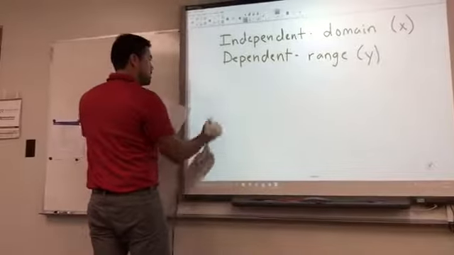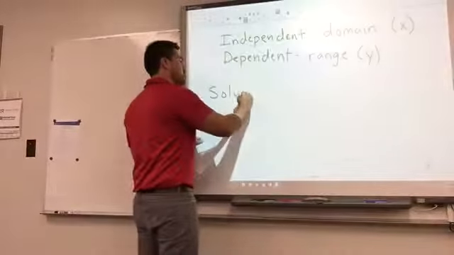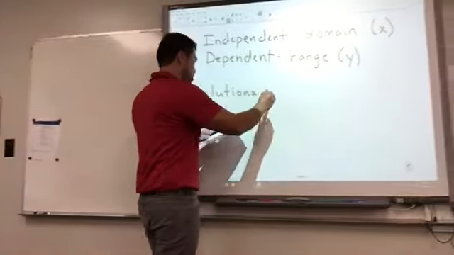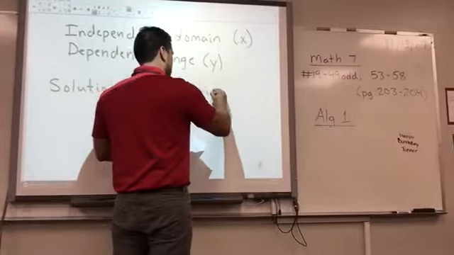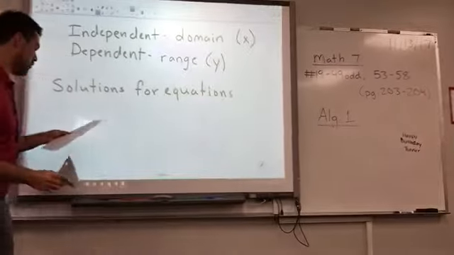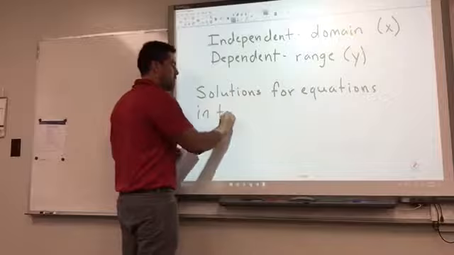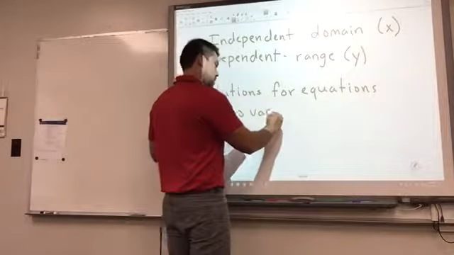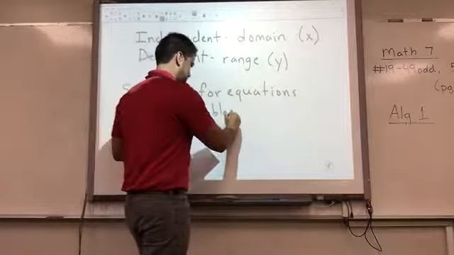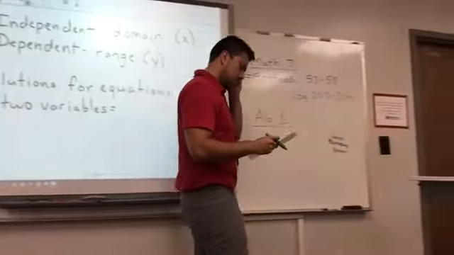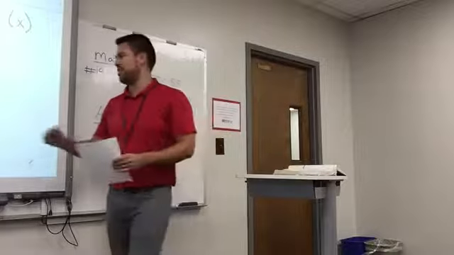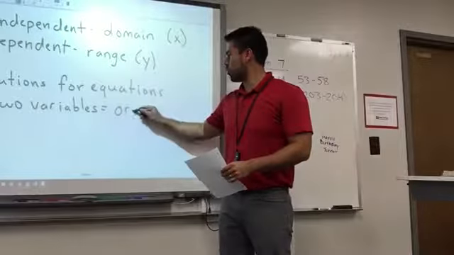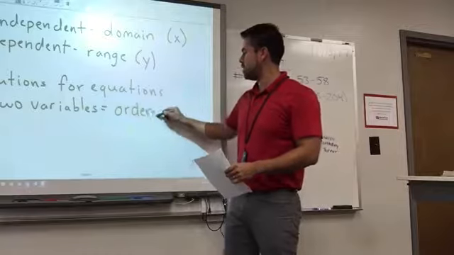Last little note before we get into our first problem. Solutions, because they're going to ask for solutions. So what do you have to write? Solutions for equations in two variables. So when we have an equation with two variables, your solutions are going to be in the form of ordered pairs.